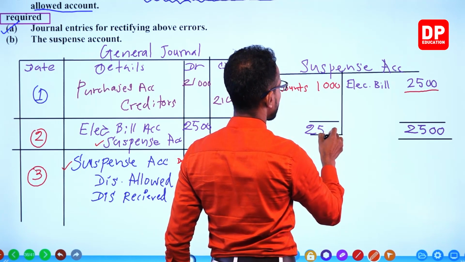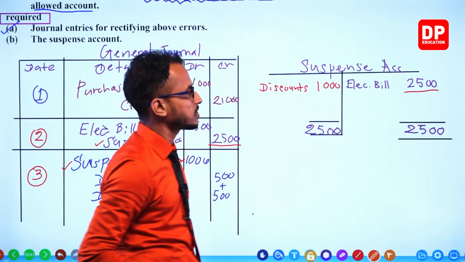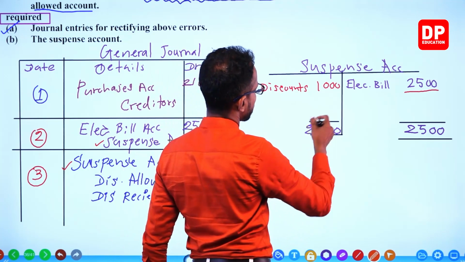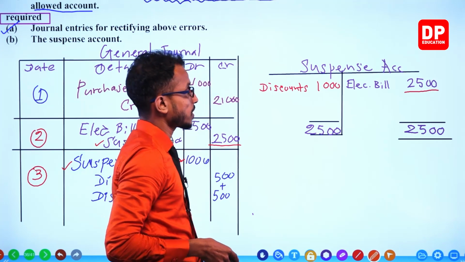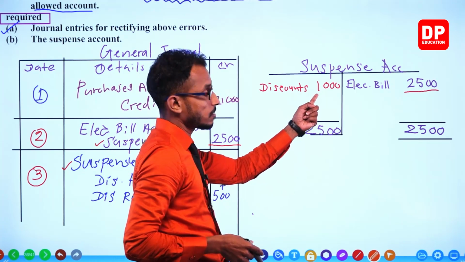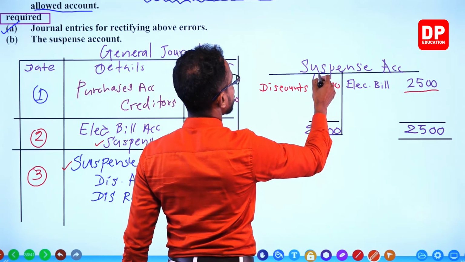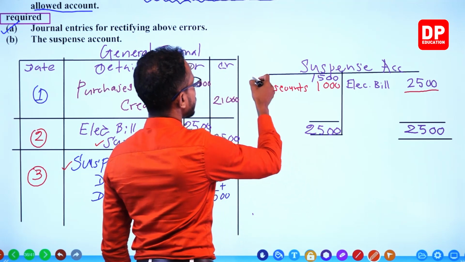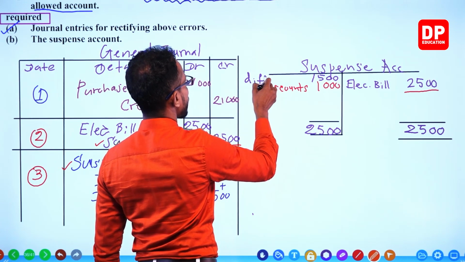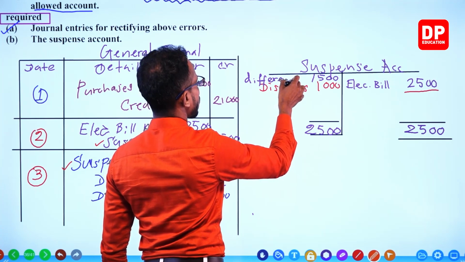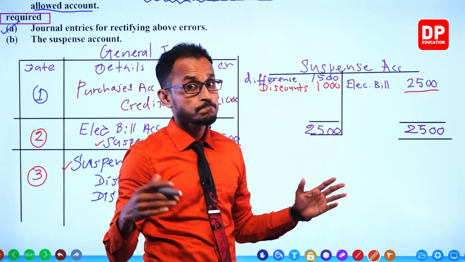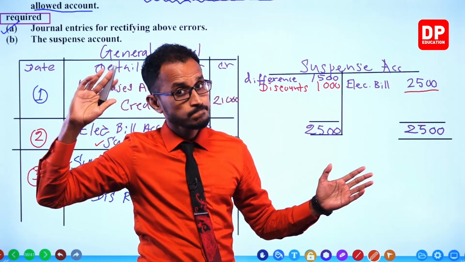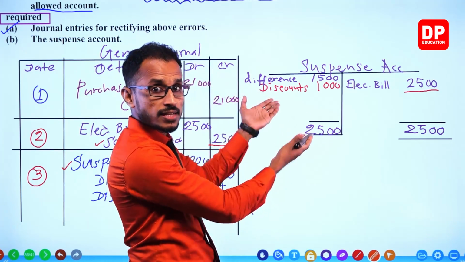Put it to both sides and subtract 1000 from it. 2500 minus 1000, 1500. That is the difference of the trial balance. See, that's how you do it.